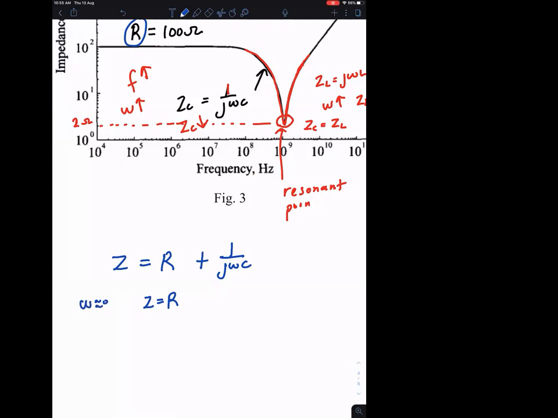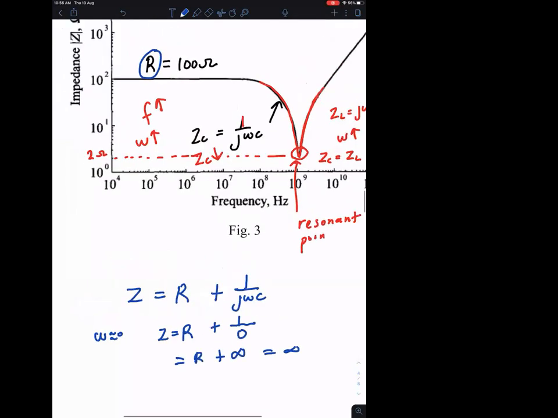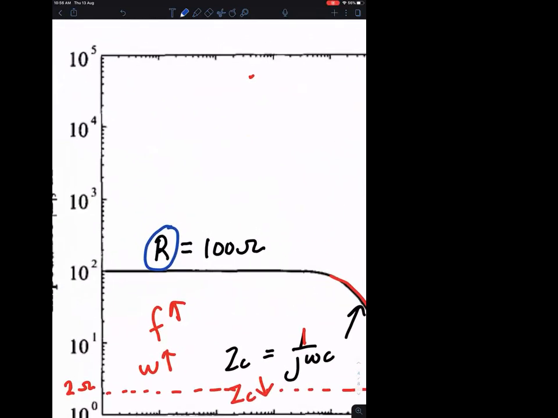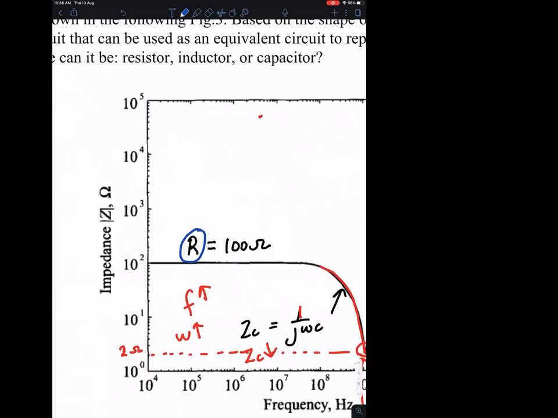Let's say omega is 0, then this becomes 1 over 0, and therefore this is R plus infinity. Therefore, the net impedance is infinity. But from this graph, you can see it's not infinity at lower frequency. It has a finite value of 100 ohms.